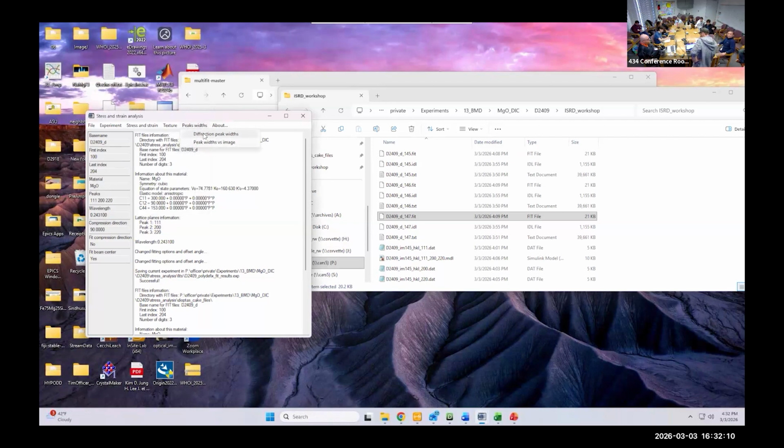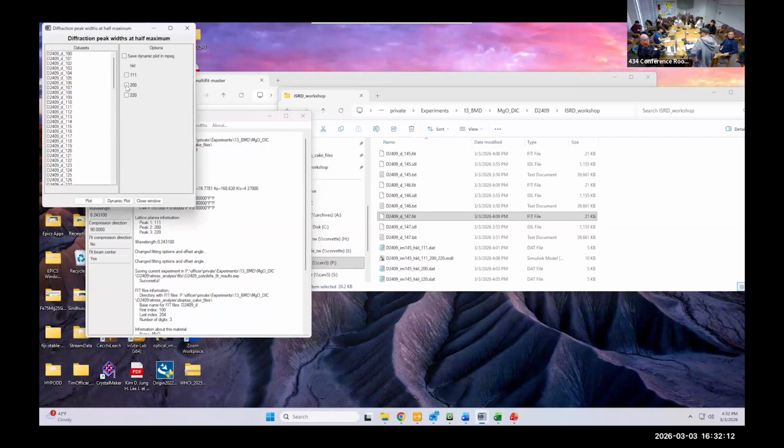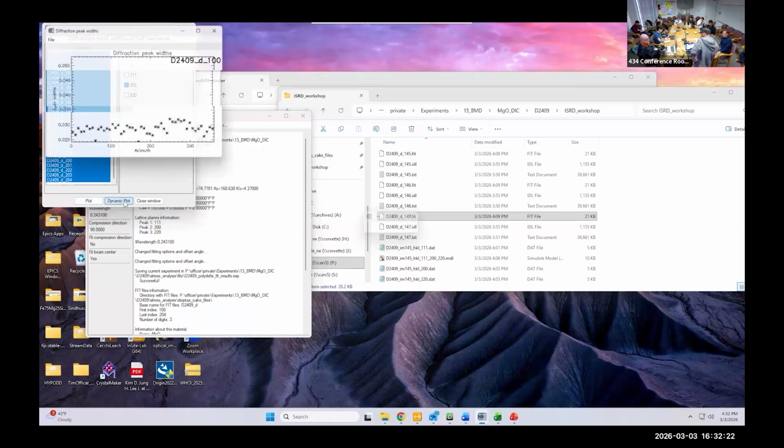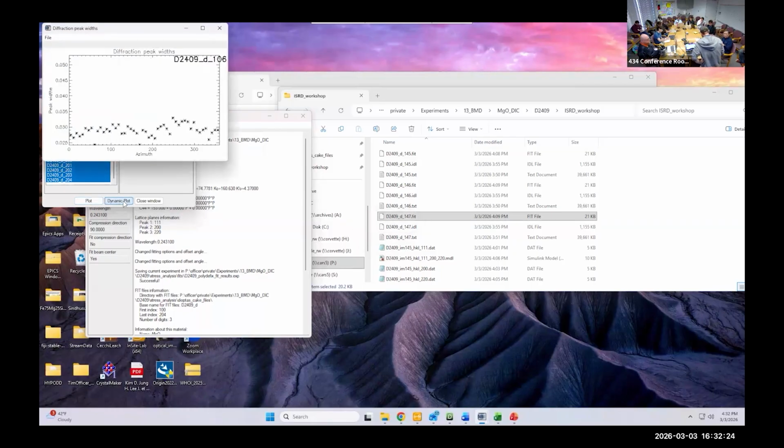What's the use of the peak widths? Peak width is a measure of how distorted the lattice is. The lattice can be distorted due to a variety of reasons. Probably most likely is that neighboring grains are impinging on this grain.